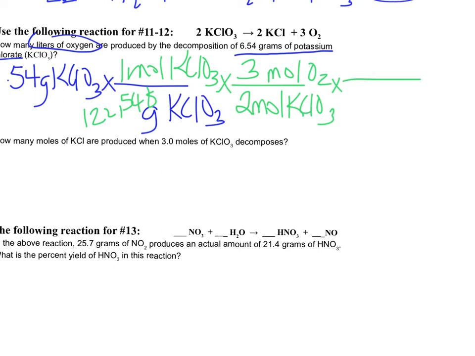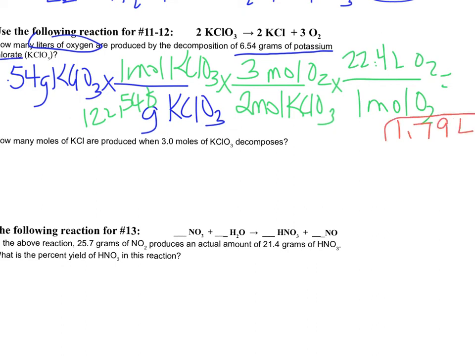So the next step would be 1 mole of oxygen down to the bottom. You're asked to solve for liters of oxygen, so that means you need to plug in 22.4 on top before you calculate. You should be getting 1.79 liters of oxygen as your answer.